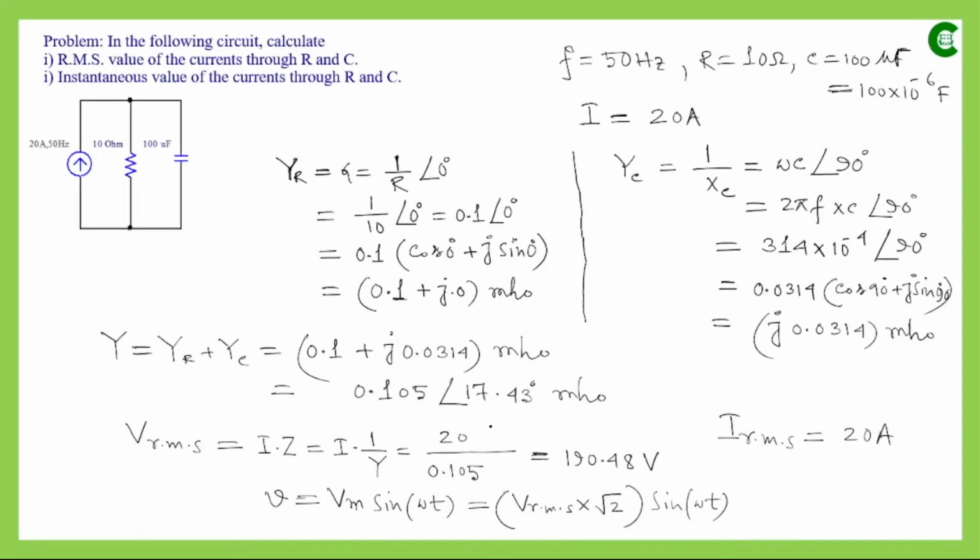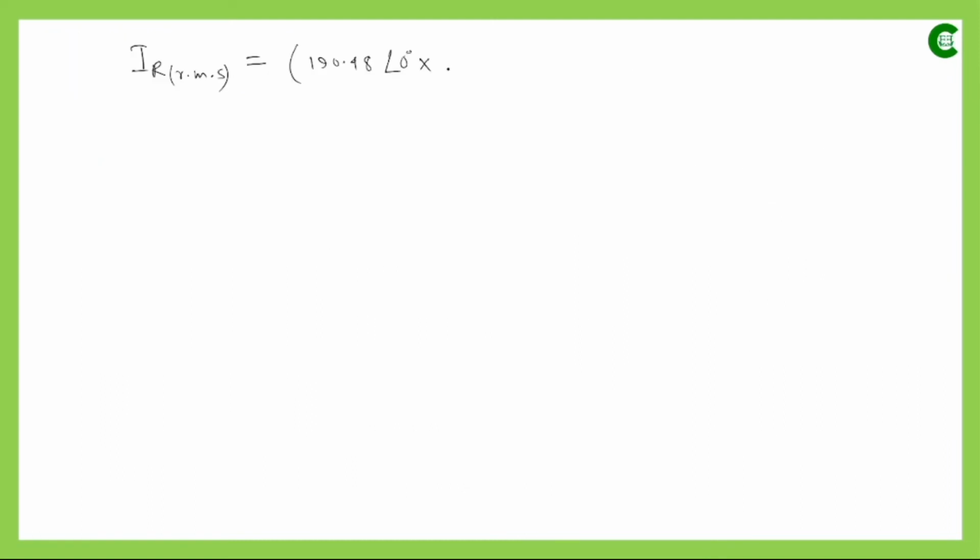The RMS value of IR can be calculated as the RMS value of the voltage, 190.48, multiplied by the admittance value, 0.1 at 0 degree.